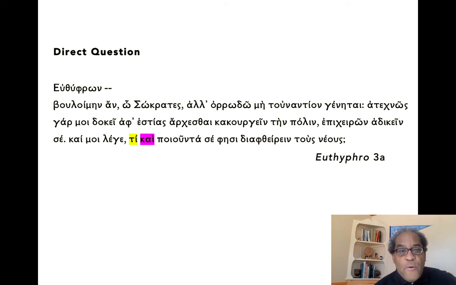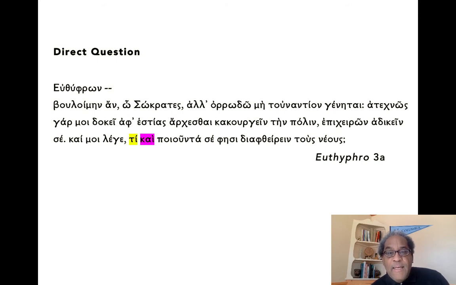So Euthyphro replies, "Bouloimen an, o Socrates, alla phobumai me to enantion genetai. Atekhnos gar moi dokei aph' hestias arkhesthai kakourgein ten polin epikheiron adikein se.